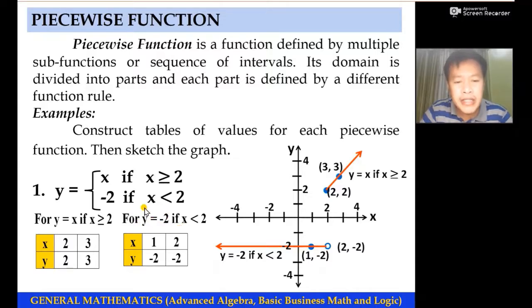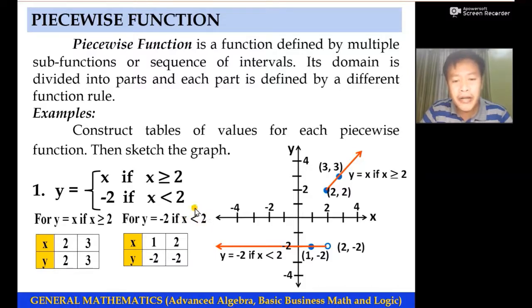And this is a constant function, wherein the constant function has a graph which is a horizontal line. Horizontal line is a line which is parallel to the x-axis. But take note, our domain is controlled by x is less than 2. We do not have the value of x which is 2. The values of x will be less than 2.